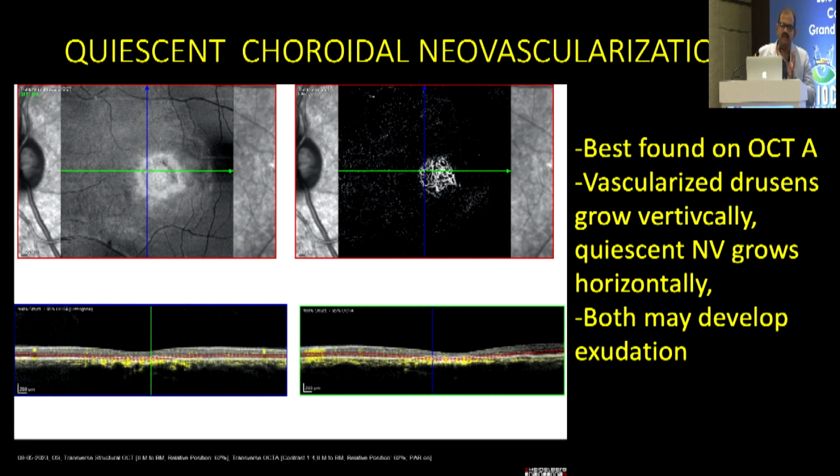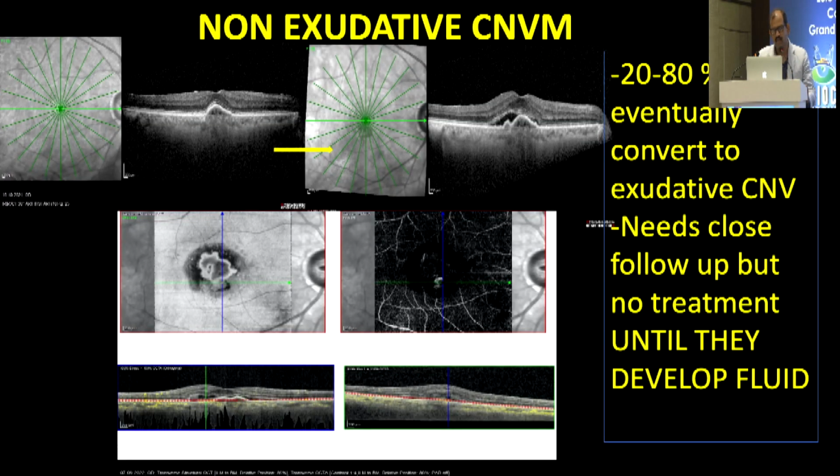The difference between the vascularized drusen and the quiescent neovascularization is that the vascularized drusen grow vertically, whereas the quiescent neovascularization grows horizontally between the layers. Both these situations may develop exudation at a later date. 20 to 80% of the non-exudative CNVMs eventually convert to exudative choroidal neovascular membrane, and they need close follow-up, but no treatment is required until they develop exudation.